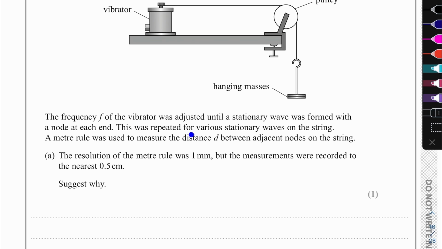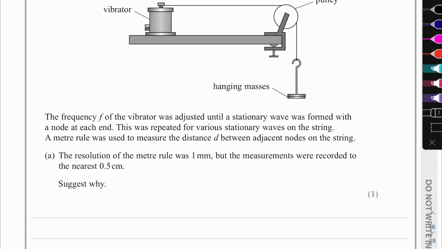This was repeated for various stationary waves on the string. A meter rule was used to measure the distance between adjacent nodes on the string. The resolution of the meter rule is 1 millimeter, but the measurements were recorded to the nearest 0.5 centimeters.